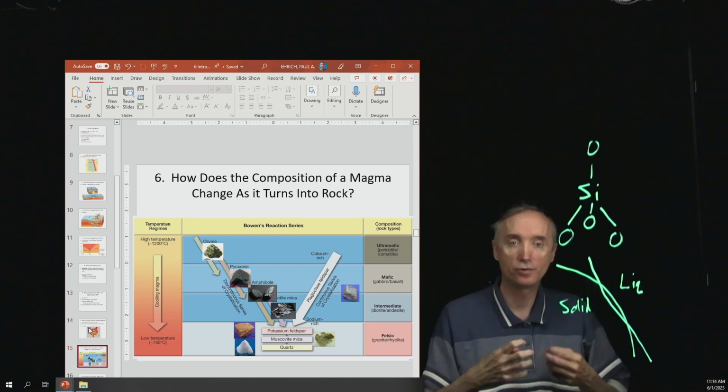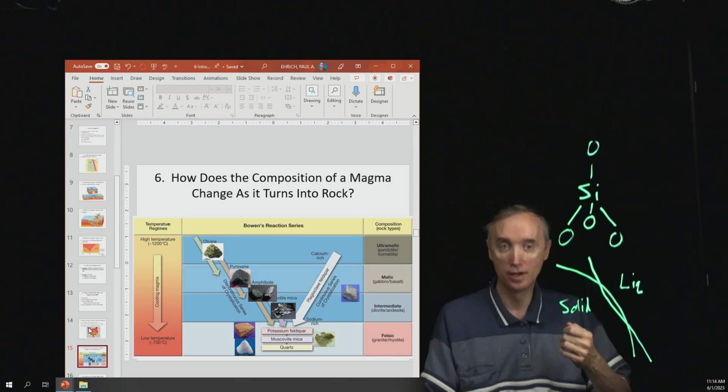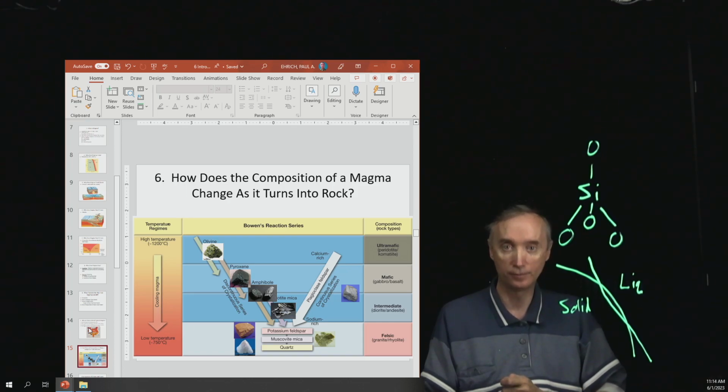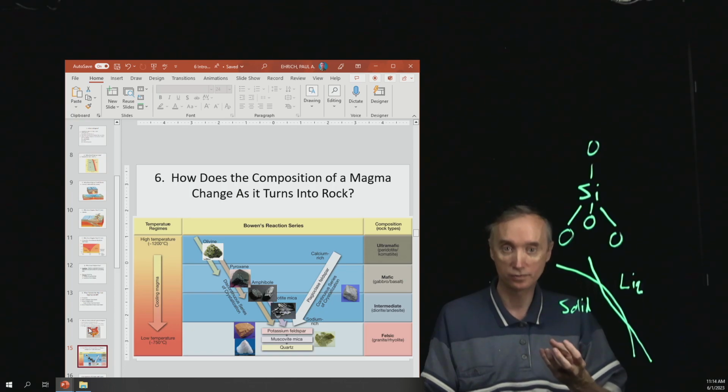As we create these new minerals, notice that it changes from an ultramafic magma into a mafic magma, and then from the mafic magma it turns into the intermediate, and then finally it turns into a felsic magma. So notice that the felsic magma is going to have the most amount of silica in it, quartz. And the ultramafic magma is going to have the least amount of quartz in it.